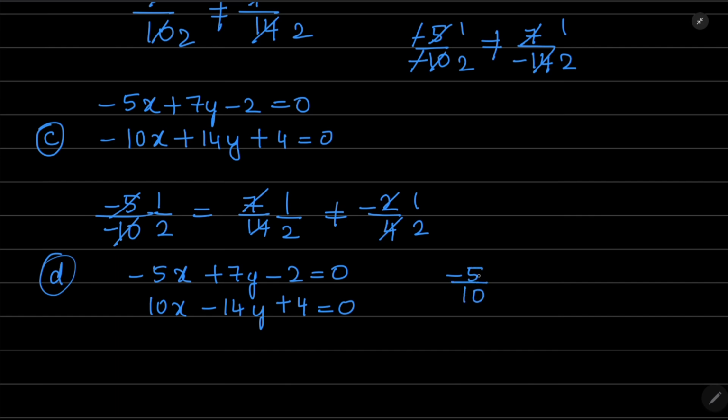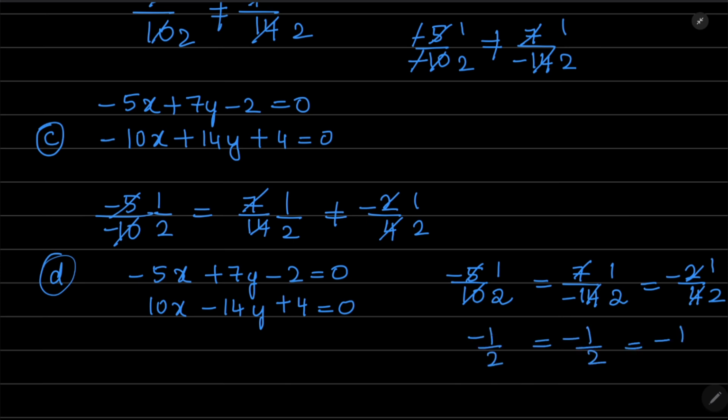What is minus 5 by 10? Minus 1 by 2. It is equal to 7 by minus 14. What will this be equal to? Again minus 1 by 2, since you have a minus sign here. And the last one is minus 2 by 4, again minus 1 by 2. So minus 1 by 2 is equal to minus 1 by 2 is equal to minus 1 by 2.